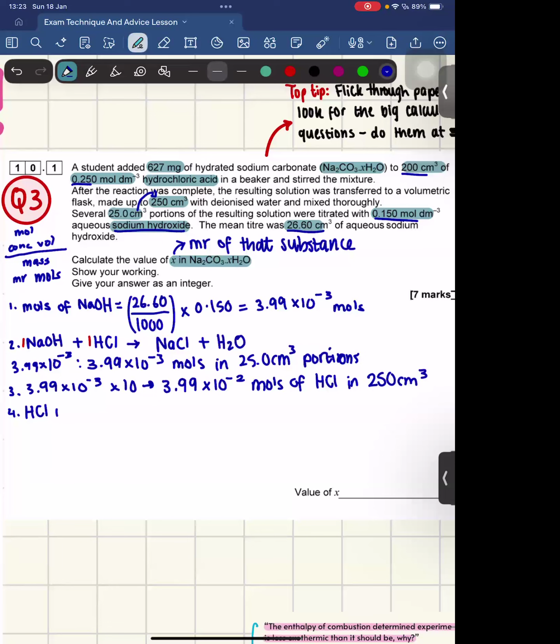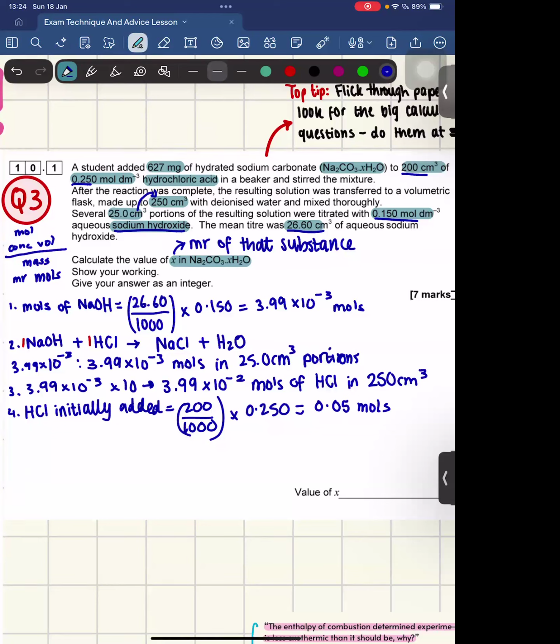So HCl initially added equals your 200 over 1,000 times 0.250, which is, one second. Okay, so that should be 0.05 moles. And that's how much was added to begin with.